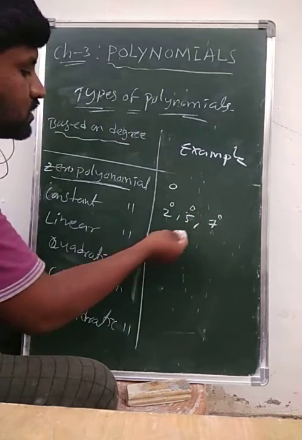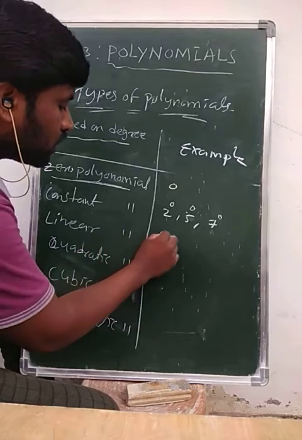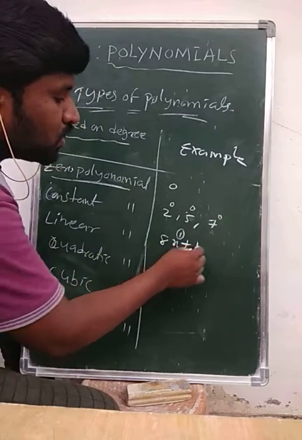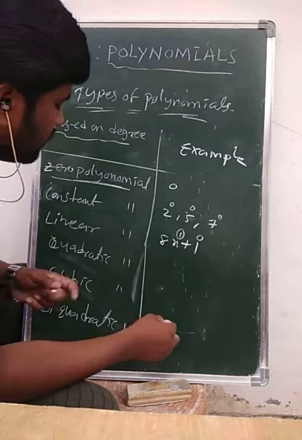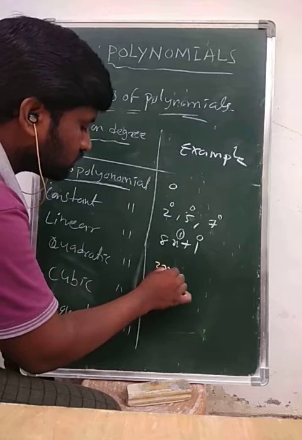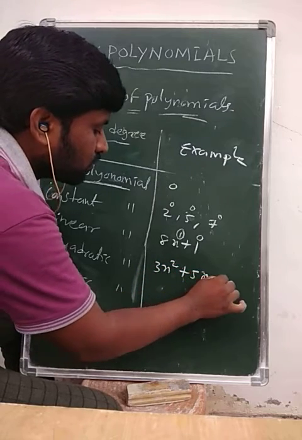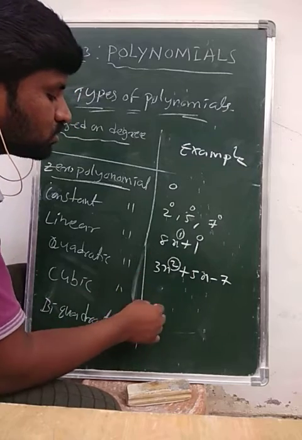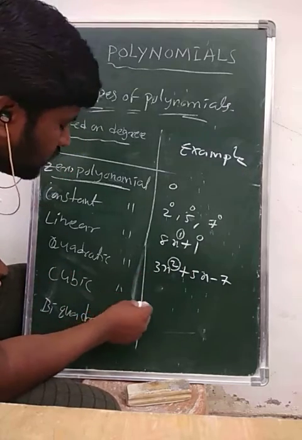Linear polynomial: the highest degree of the polynomial is 1. That is a linear polynomial. Quadratic polynomial: the highest degree of the polynomial is 2. That is called a quadratic polynomial.